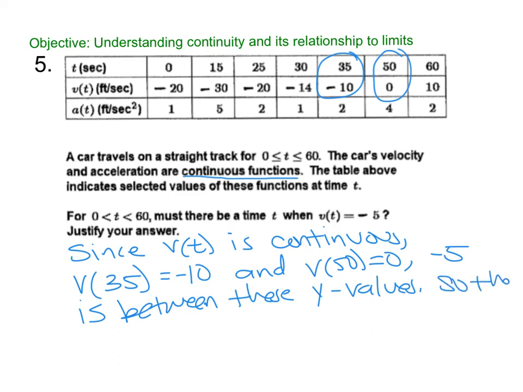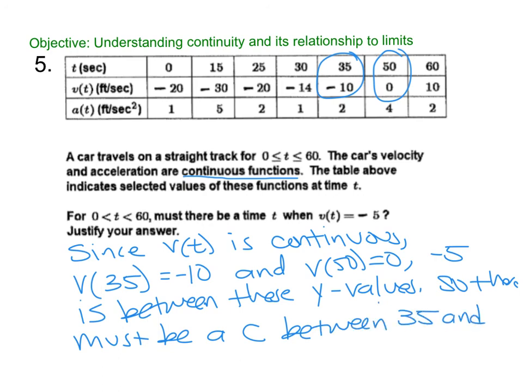So there must be a c between 35 and 50, you could say t equals 35 and t equals 50, such that v of c equals -5. That's my explanation. Again, it's not overly crazy. It's 2 sentences. It's not that serious, guys.